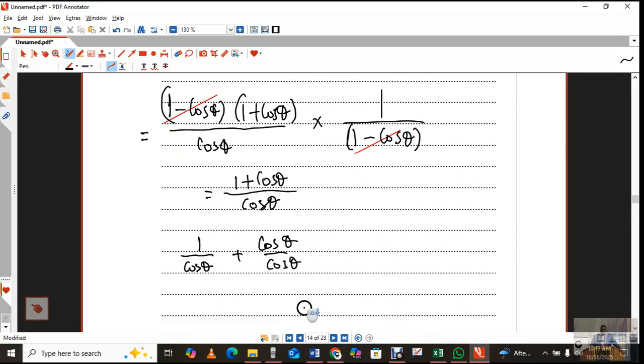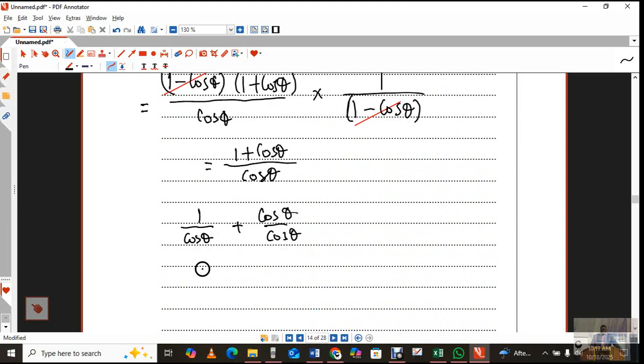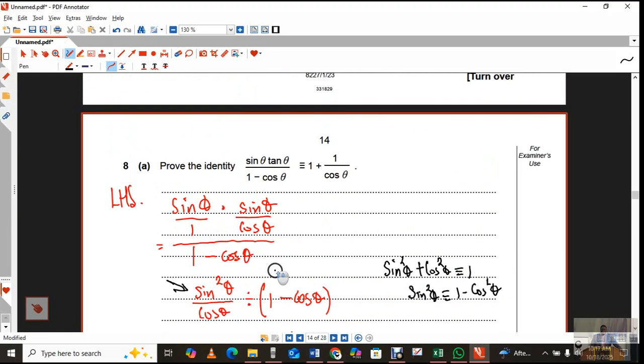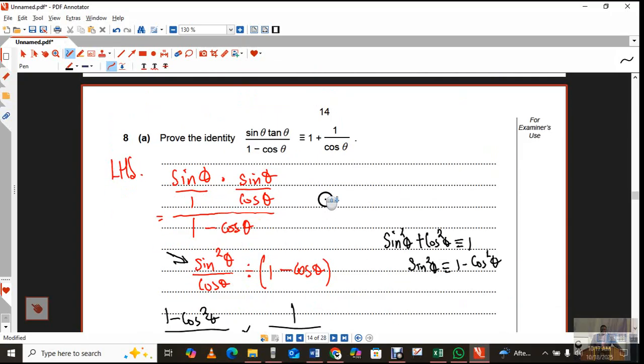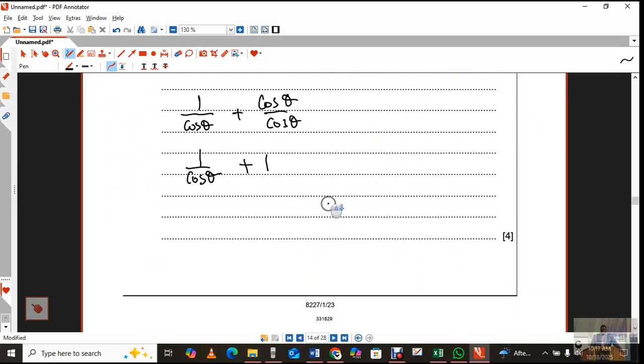And obviously, if you were to clean this up, this is going to give you 1 over cos theta plus 1, which you can rewrite to match the right-hand side as 1 plus 1 over cos theta, which for all intents and purposes is equal to the right-hand side.